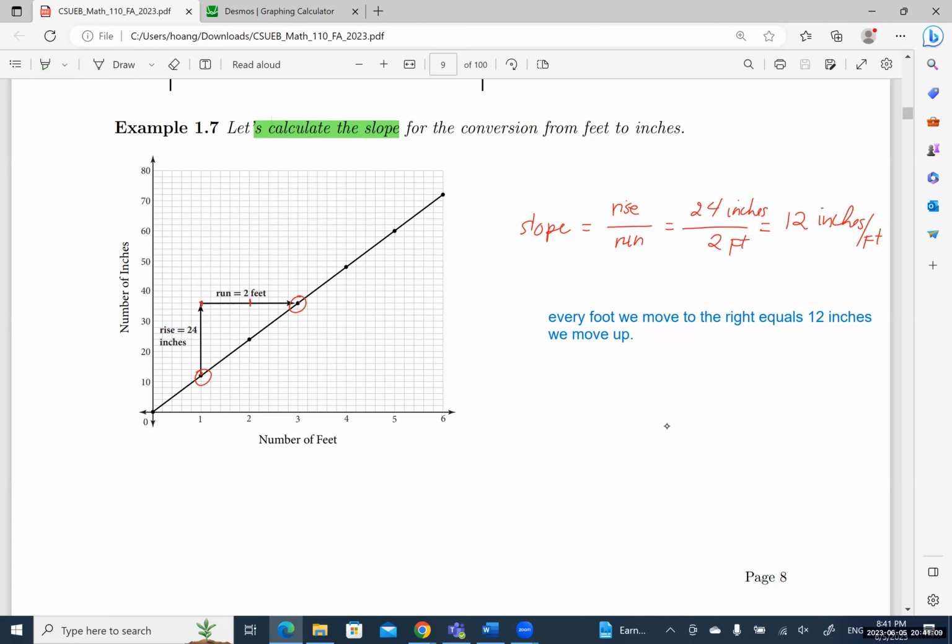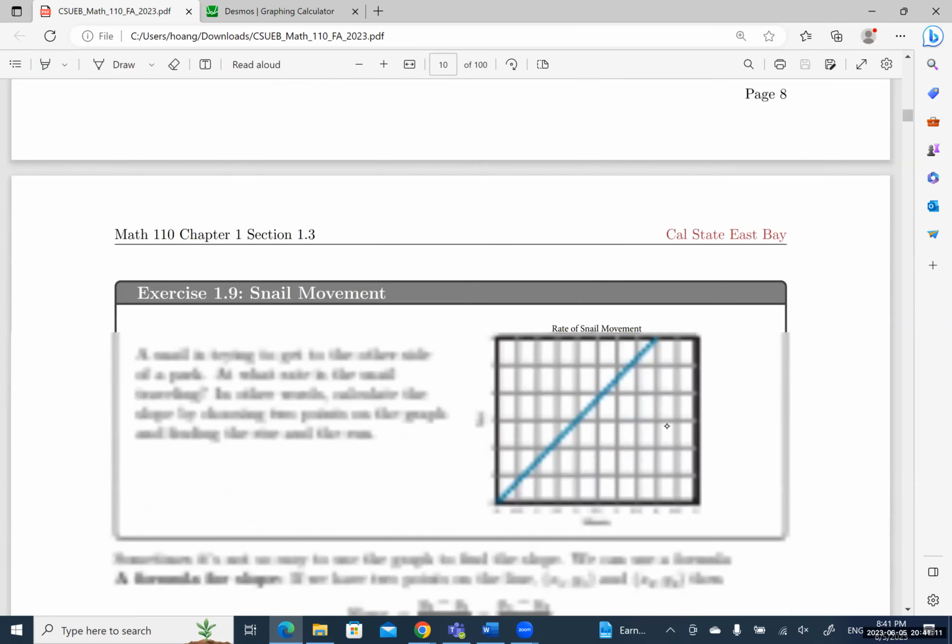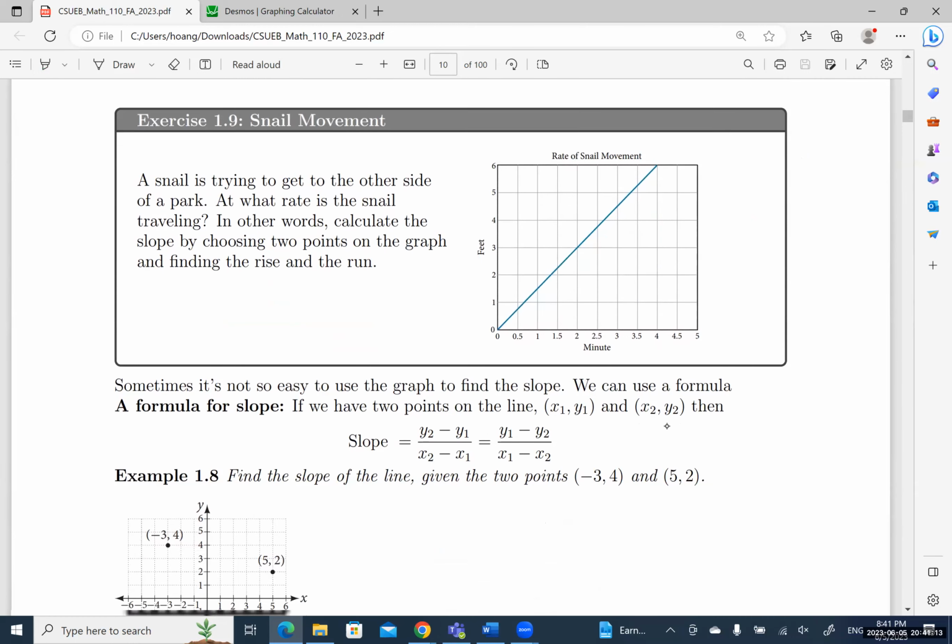Let's move to the next problem. Okay, so this problem 1.9 over here is similar to the one above. A snail is trying to get to the other side of a park. At what rate is the snail traveling? In other words, calculate the slope by choosing 2 points on the graph and finding the rise and the run.